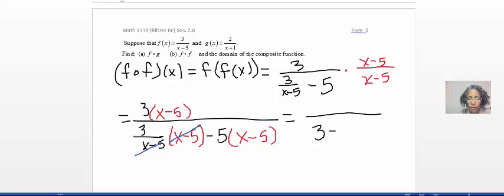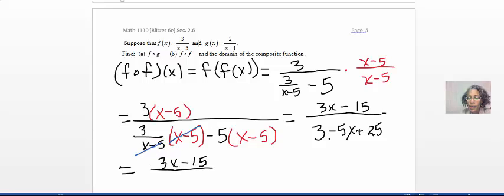Here I need to distribute this minus 5. So minus 5 times x is minus 5x. Minus 5 times minus 5 is plus 25. And here in the numerator, I have 3 times x minus 5, or 3x minus 15. So I have 3x minus 15 in the numerator, and I have minus 5x plus 28 in the denominator.